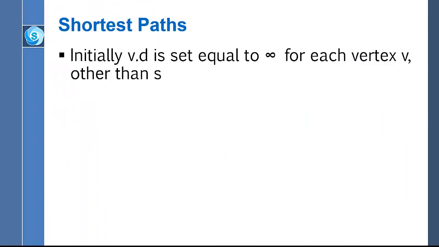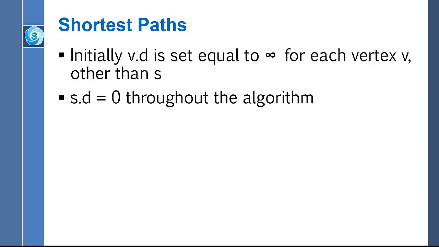In fact, initially, we'll set v.d to infinity for every vertex except for S. We'll set S.d to 0. It takes no distance to get from S to itself, so S.d is 0.